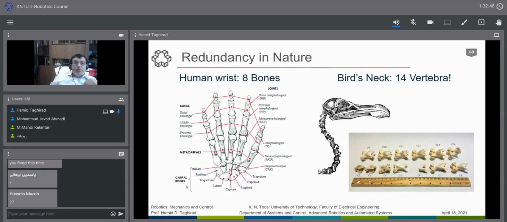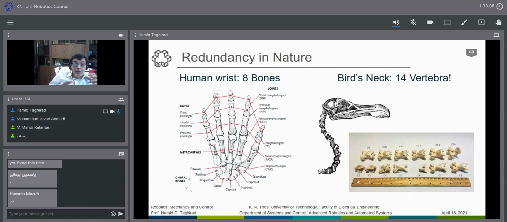Again, 1 plus twice. And it's not only the bones, it's also the muscles which they include. So you have more degrees of actuation than what you require.